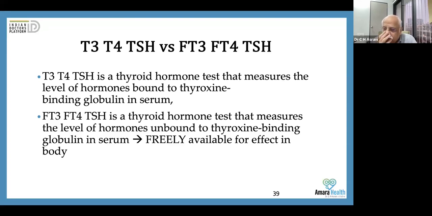Now, you may have 1,000 liters of water in your house for bathing, for going to the toilet, using in the commode, washing clothes. But if you don't have enough drinking water for the whole family, then you are in hypo water. So understand now why we should always ask for FT3, FT4, TSH.